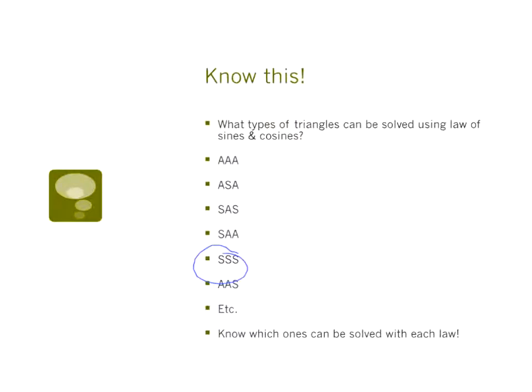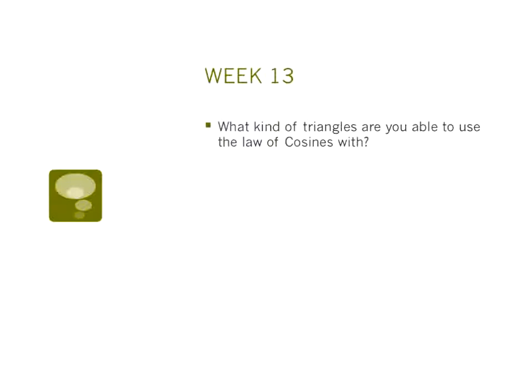The ones we did today for sure, we had a side-side-side problem. What else did we have today? I don't remember what the other ones were. So you could pop back through and write down which ones they were, but also the online slides are going to give you these answers this week too. So know which ones can be solved with each law, and it will serve you well on your quiz.